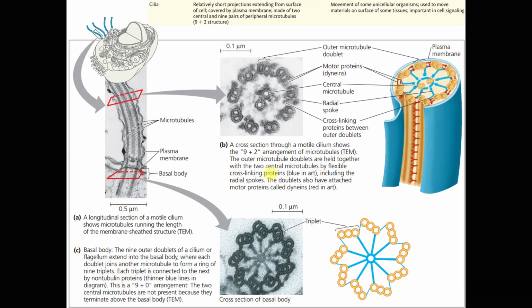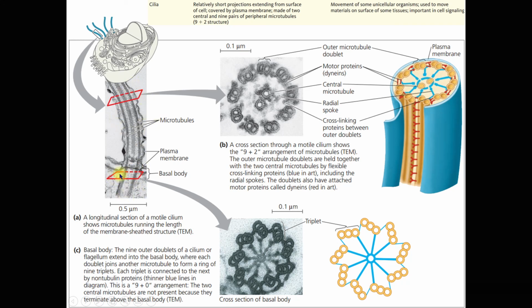Now cilia. Animal cells have cilia. Cilia are short projections extending from the surface of the cell. So this is the cilia, basically. The cilia consist of microtubules, and this is the basal body.